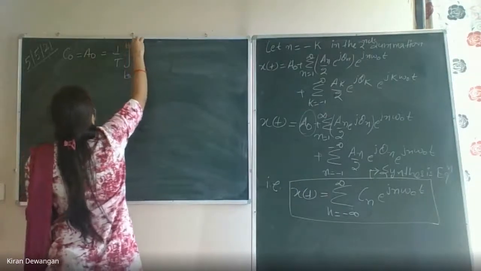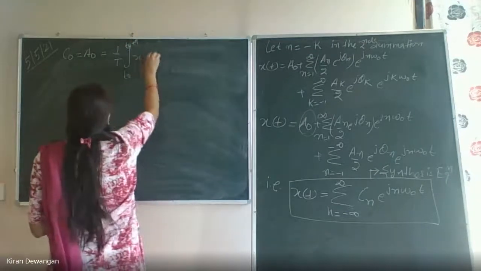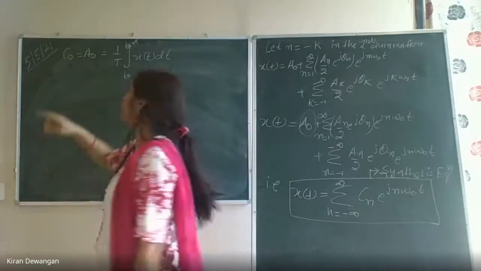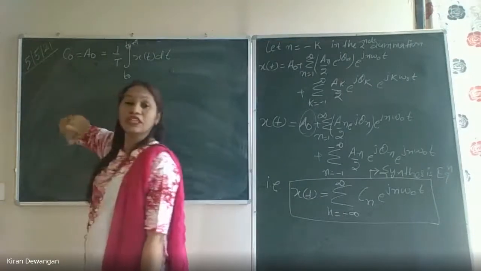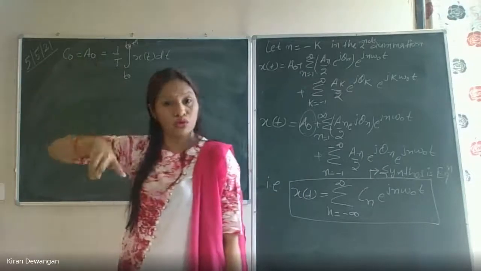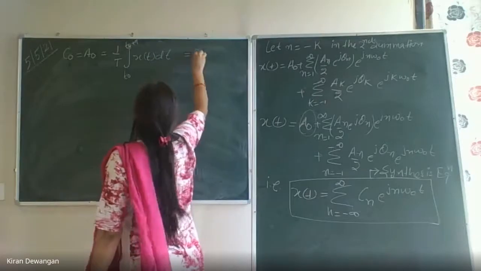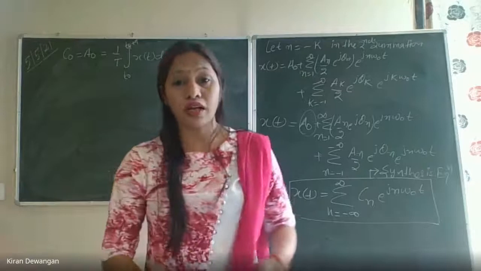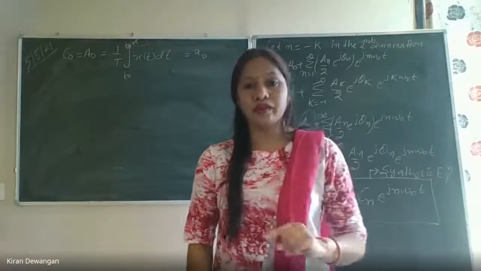So C naught is equal to a naught, and this is equal to 1 by T integration from t naught to t naught plus T of x of t dt. Now in the exponential form of Fourier series, I am taking it as the term c naught, and this particular a naught was there in cosine form, and this is also equal to small a naught, because the formula that we have written here is the formula of small a naught, and that small a naught was the parameter of the trigonometric form of Fourier series.